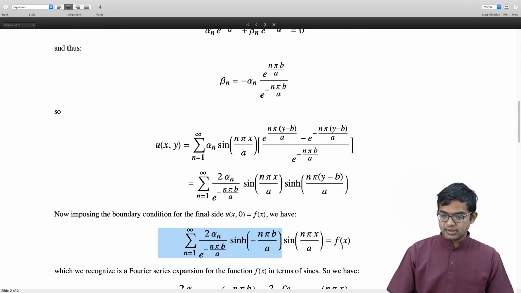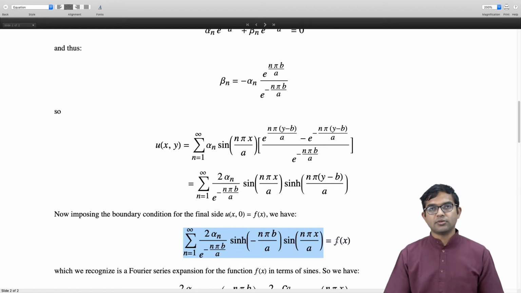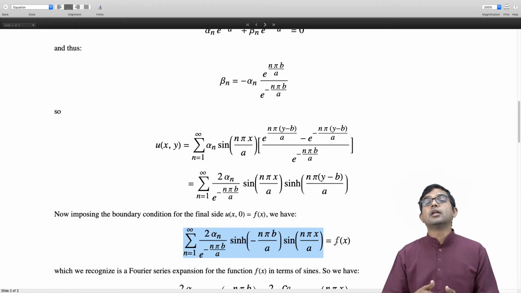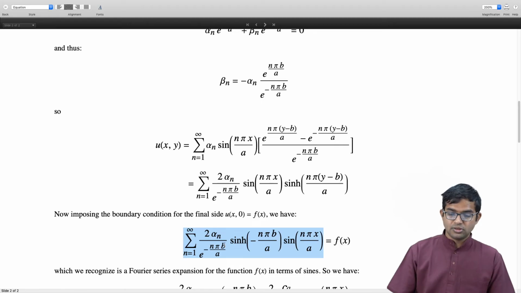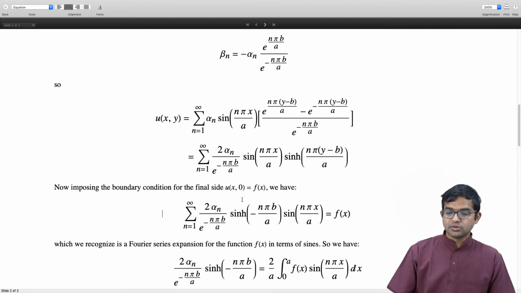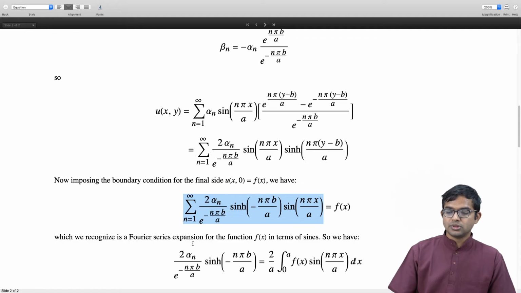Now f of x here is basically a representation of this function f of x in the interval 0 to a in terms of sines. So this is nothing but a Fourier series expansion, and if you had been asked to work it out for the function f of x, the way to do this is to think of this entire thing as the coefficient corresponding to sine of that particular frequency.